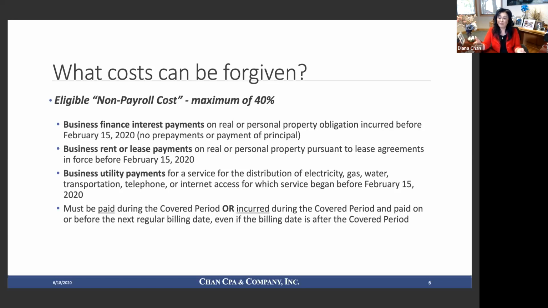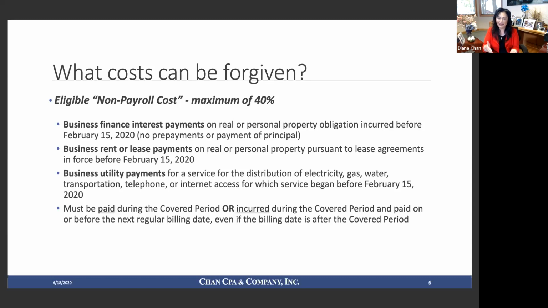And of course, business rent. If you paid business rent, now you can write off up to 24 weeks worth of business rent. That's equivalent to about 6 months worth of business rent or lease payments on real or personal property again. And the only criteria is that whatever your agreements were had to be pursuant to lease agreements in force by February 15, 2020.